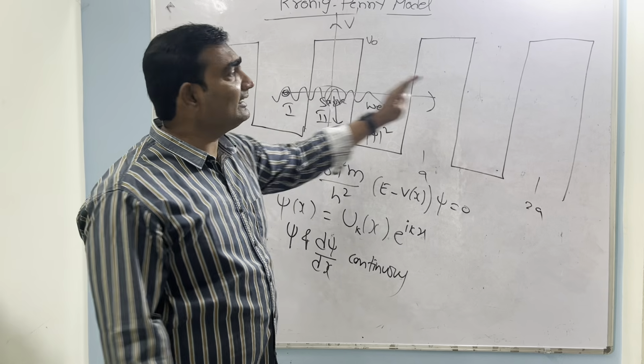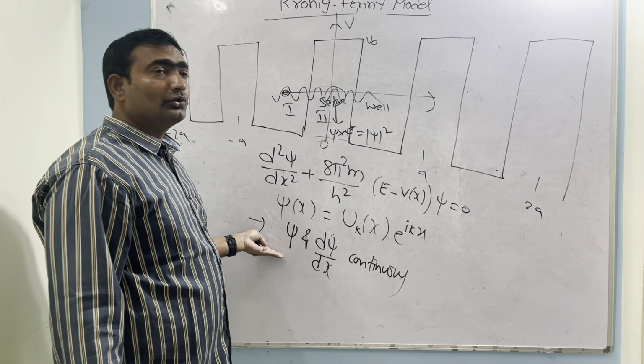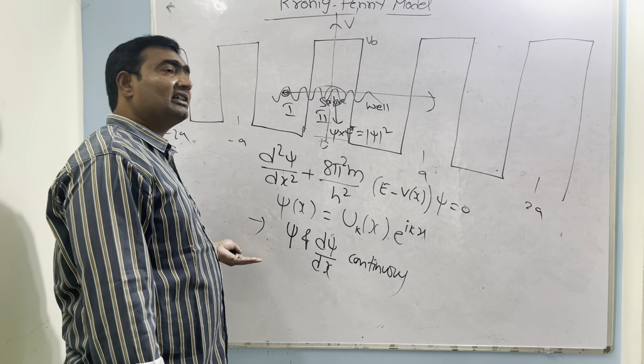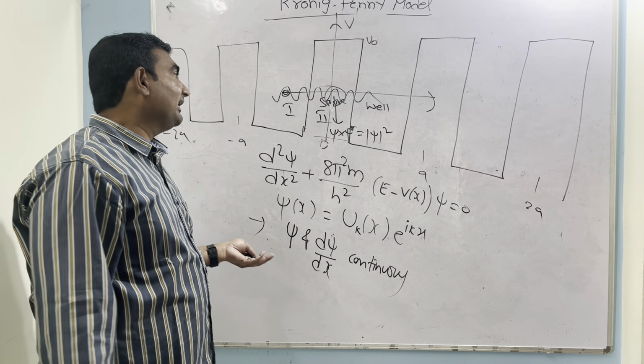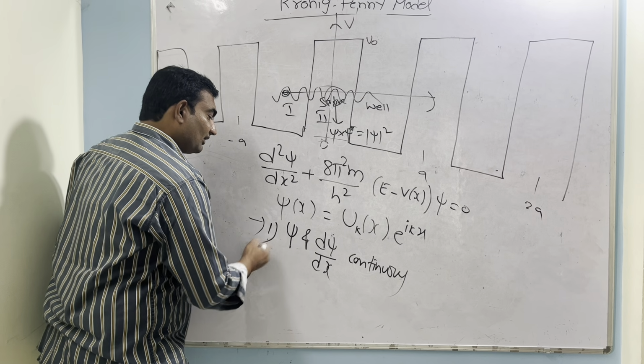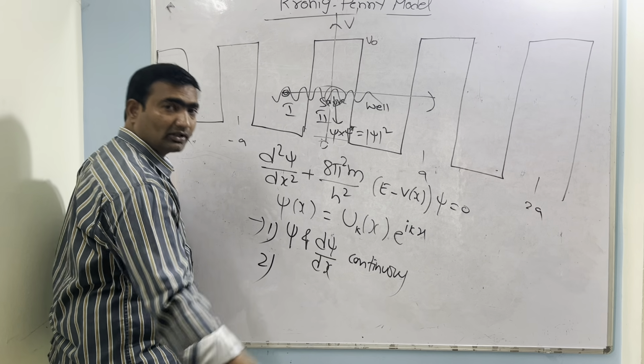So at any region in the crystal, the psi value should not be 0, which means that it should not be abrupt. There should be a certain value of mod psi square to find the probability of the electron. So this is the first assumption made by Kronig and Penny to make the mathematics much simpler.